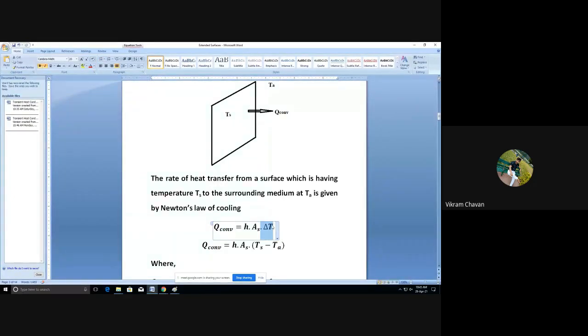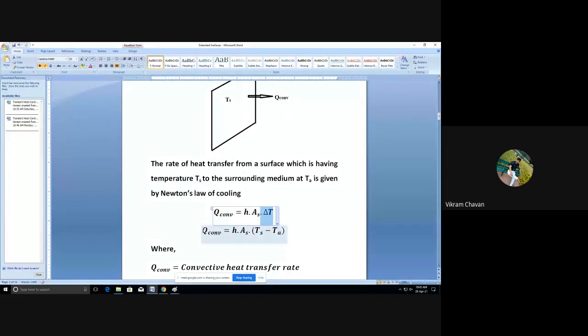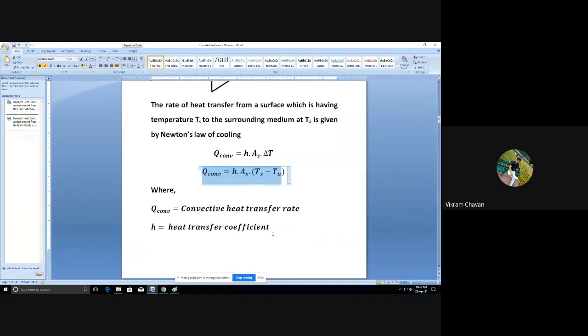Our surface temperature is Ts and the surrounding temperature is Ta. So we get the formula: Q convection equals h times As times (Ts minus Ta).